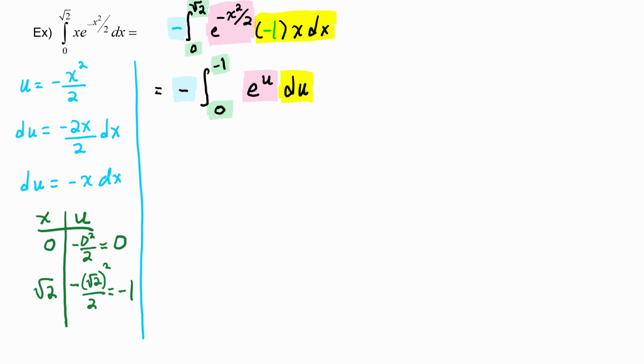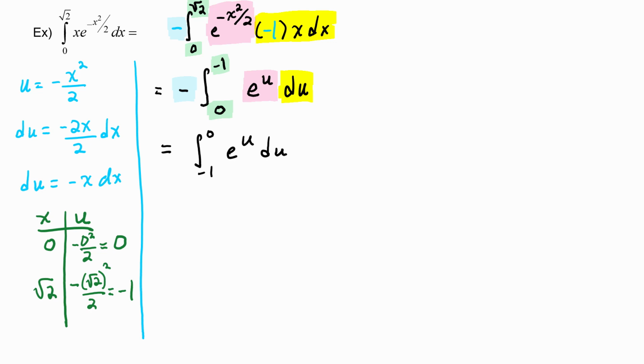Now, one thing I can do to simplify is I can get rid of this negative sign right here if I just switch the limits of integration. So this becomes the integral from -1 to 0 of e to the u du.